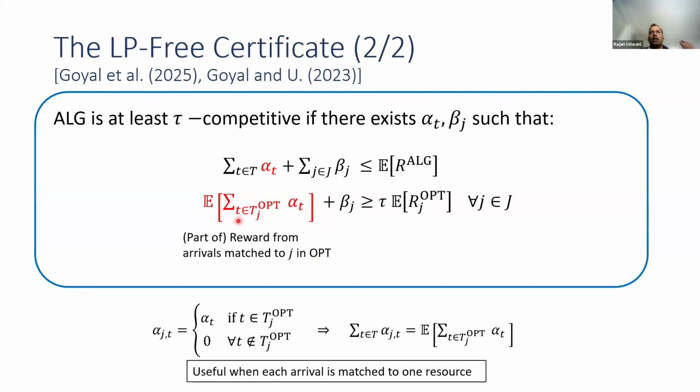So look at all the arrivals that opt is matching to j. I want to just sum up alpha t over those arrivals that are matched by opt. This is really a special case of the first form, because all I need to do to get this form is to set the alpha j(t) to be 0 whenever t is not matched to j, and set alpha j(t) to be alpha t when t is matched to j in opt.